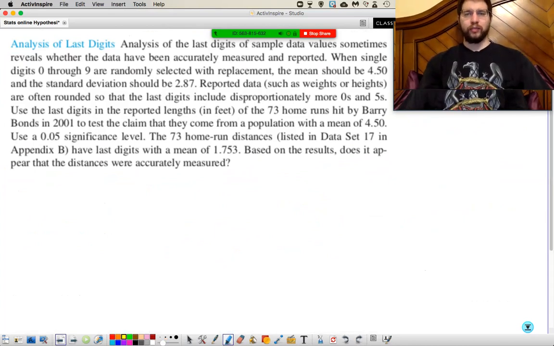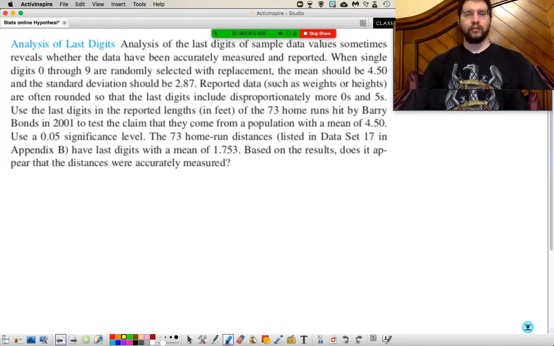Analysis of last digits of sample data values sometimes reveals whether the data have been accurately measured or reported. When single digits 0 through 9 are randomly selected with replacement, the mean should be 4.50 and the standard deviation should be 2.87. Reported data are often rounded so the last digits disproportionately include more zeros and fives.